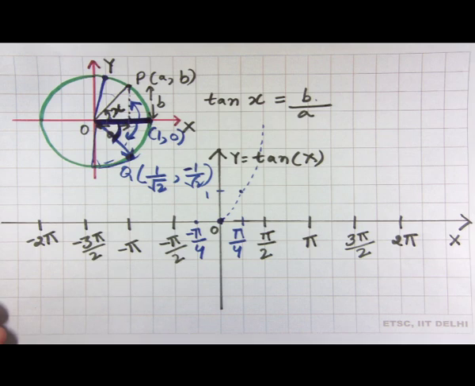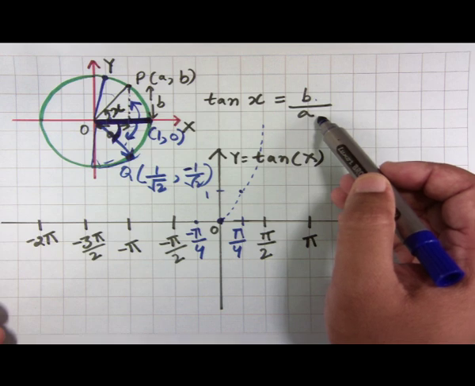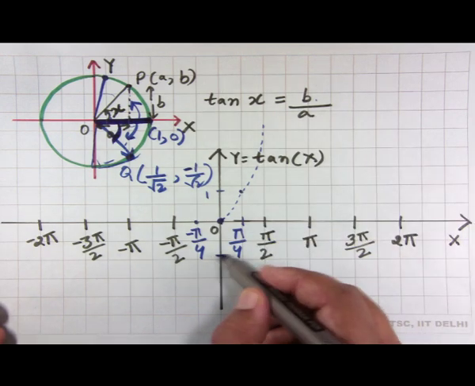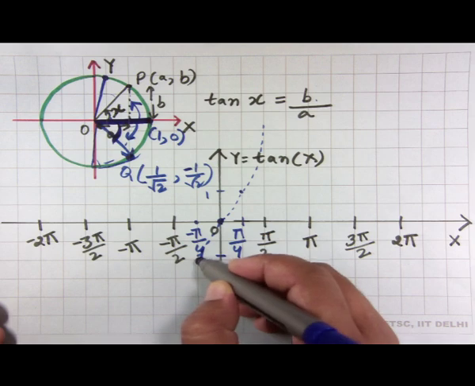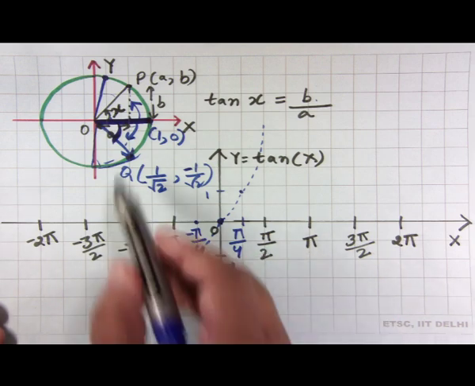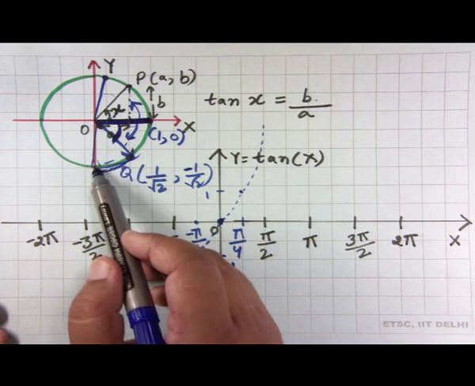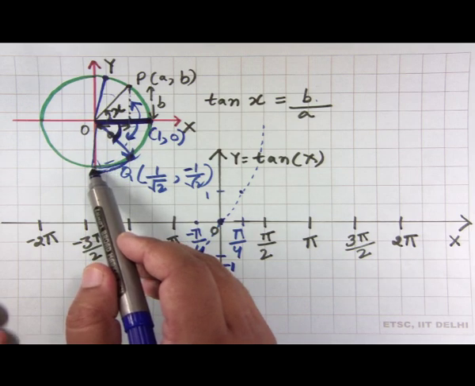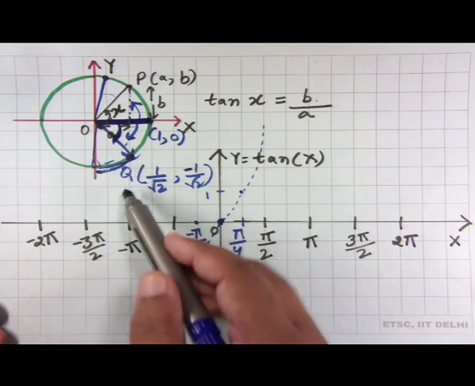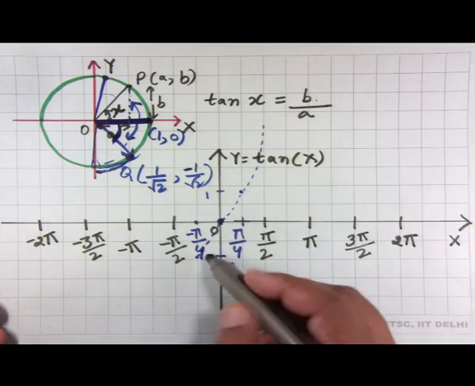When you take the ratio of minus 1 by root 2 divided by 1 by root 2, you get minus 1, which is somewhere here. And similarly, when we go from minus pi by 4 further clockwise towards minus pi by 2, the x coordinate goes to 0, but since the y coordinate is negative, this ratio will go to minus infinity, like this.